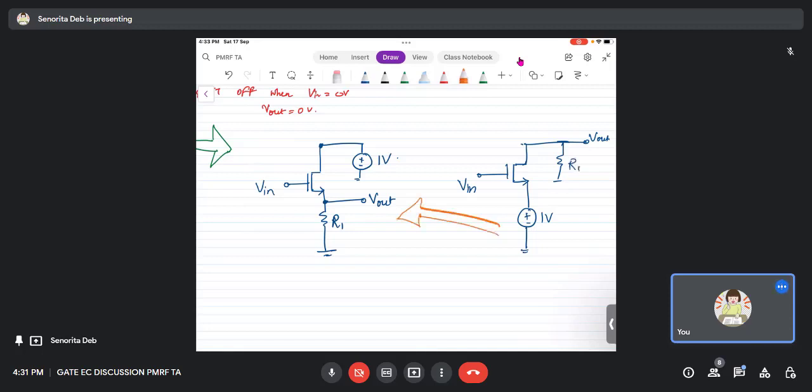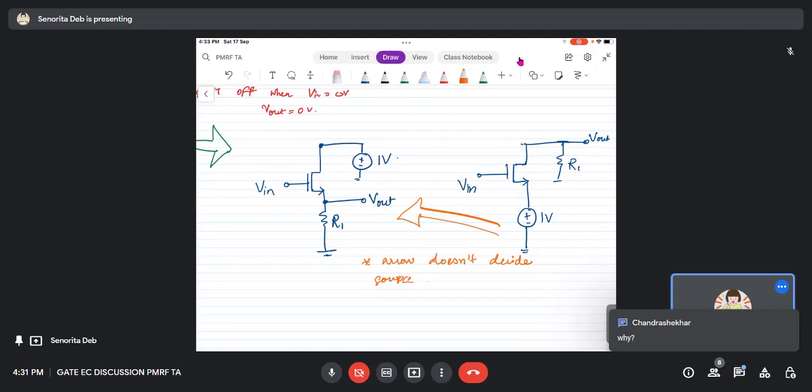It is the same structure. Why? Because we cannot decide source and drain with the arrow. The arrow does not decide source and drain.